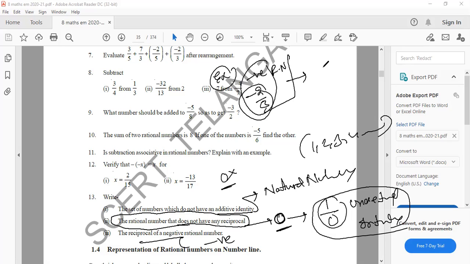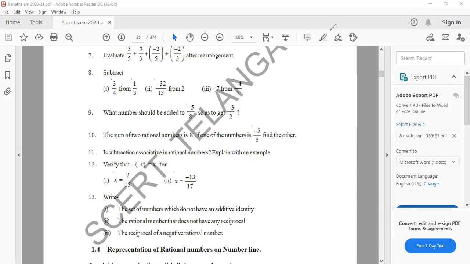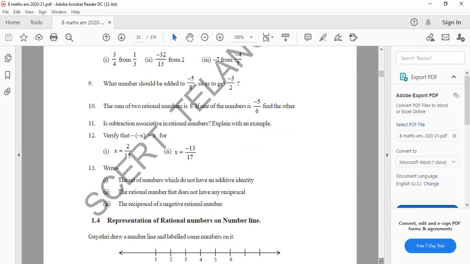If you take the reciprocal, 1 by minus 2 by 3, it becomes minus 3 by 2. This is a negative rational number. Clear? It's negative only. The answer is negative. Okay, with this our discussion is over. So the first text is completely finished.